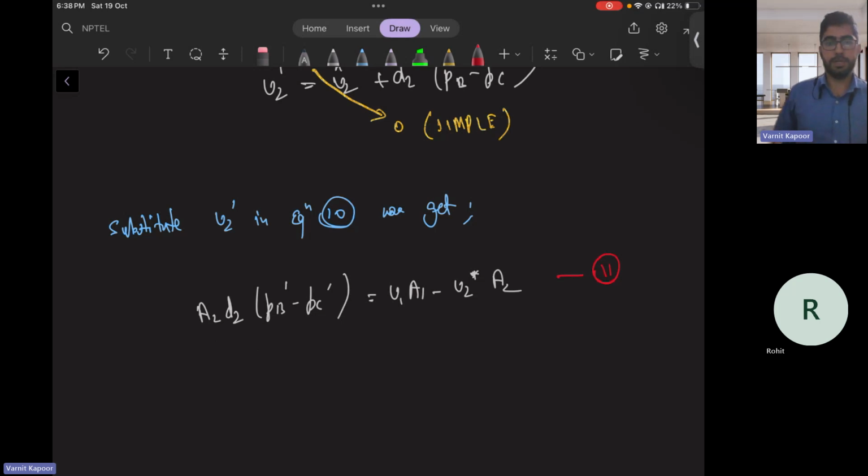So we have two pressure corrections that are unknown. We have obtained one equation. How do we get to the other equation?